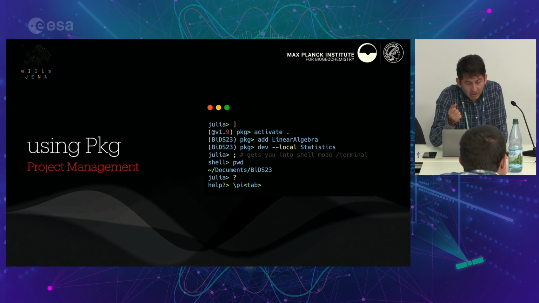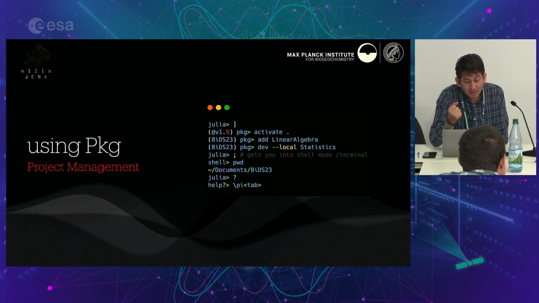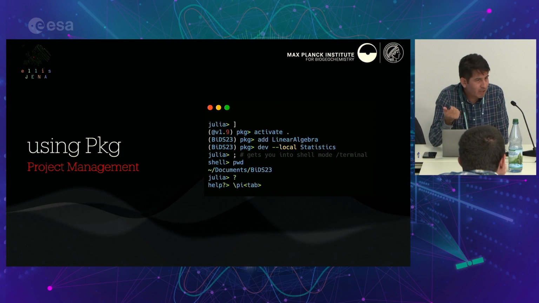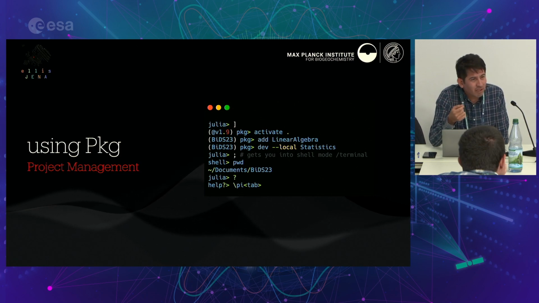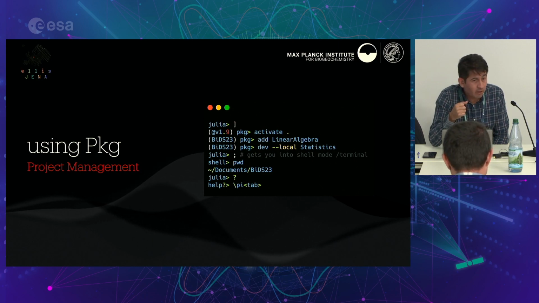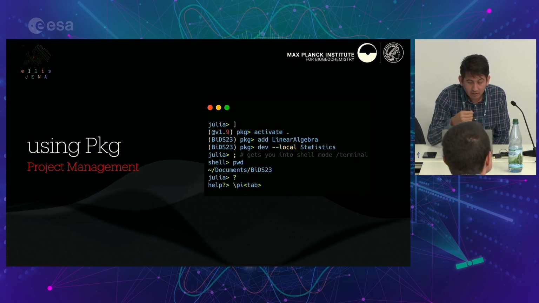And more importantly, we have help. So you can ask for help about almost anything. So for instance, pi, like what is pi? You can ask for that, and then you will get an answer. I hope we can do that later on once we see that you have Julia installed and start working on it.